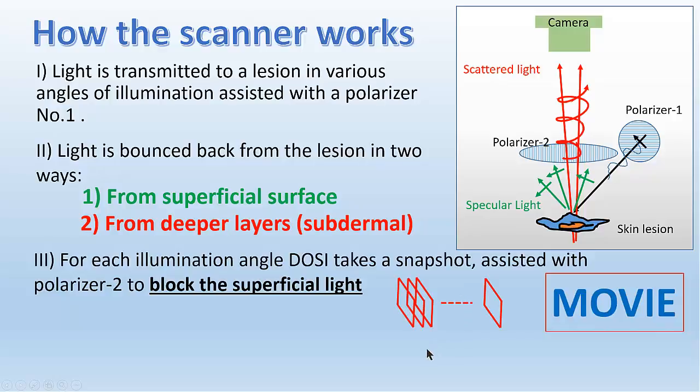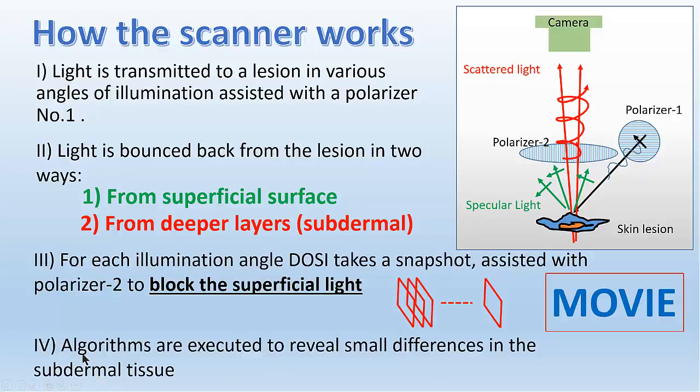Then finally we end with a sequence of images. Each image is a picture when the state of polarization was different. So we have more or less the same picture, but still there are small changes between each frame. Through our algorithms, we can reveal small differences between images.